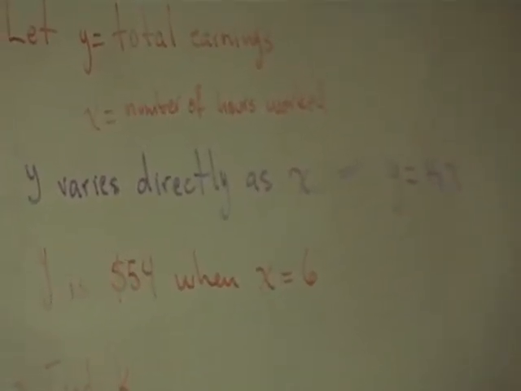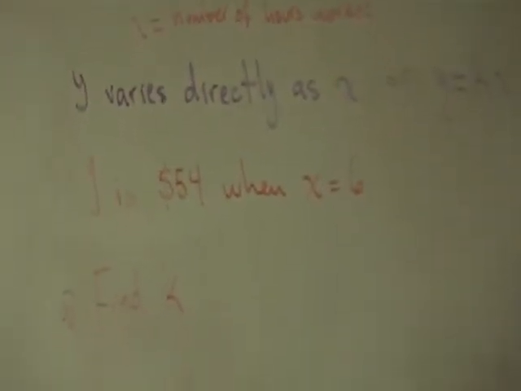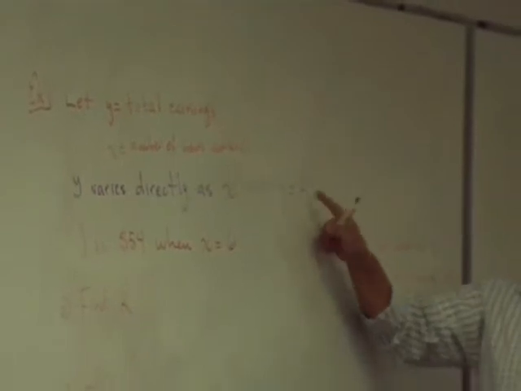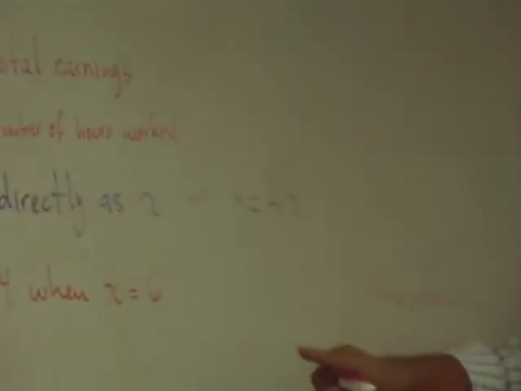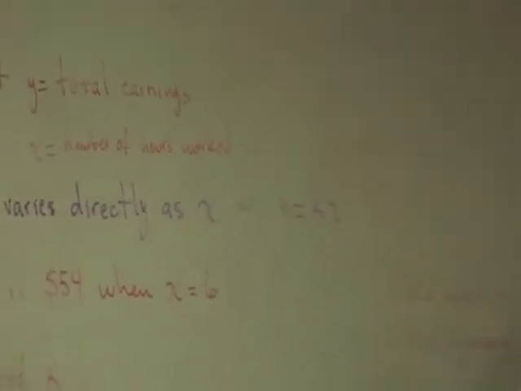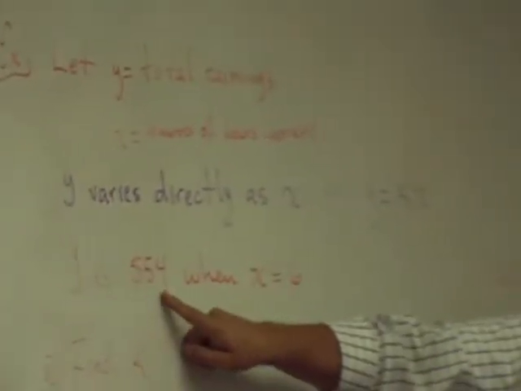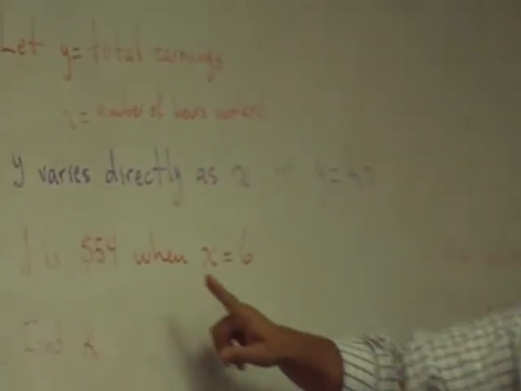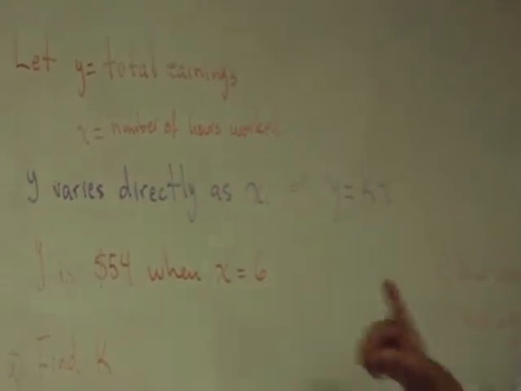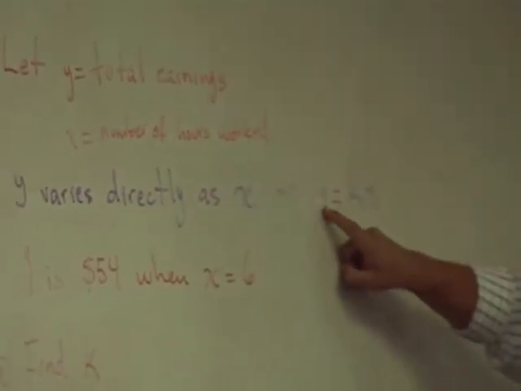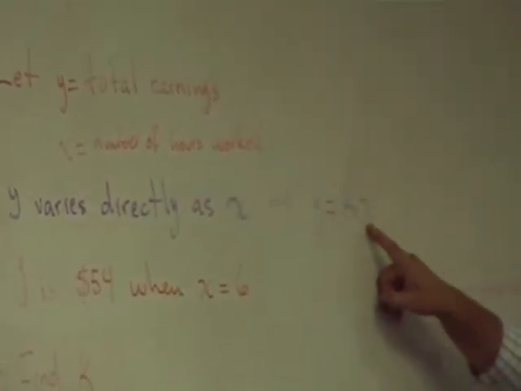Typically in a problem like this, you are given one pair of values, x and y, that you can plug in, and then you will be able to solve for k. Let's do that here. To find k, we're going to use y equals 54 when x equals 6. What am I going to plug in here? 54. And here? 6.